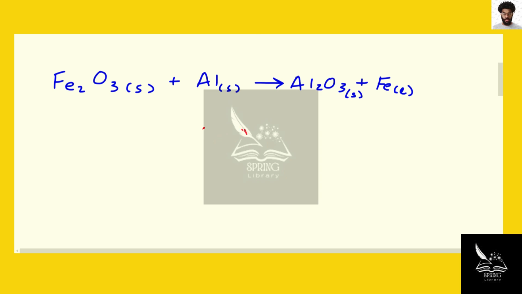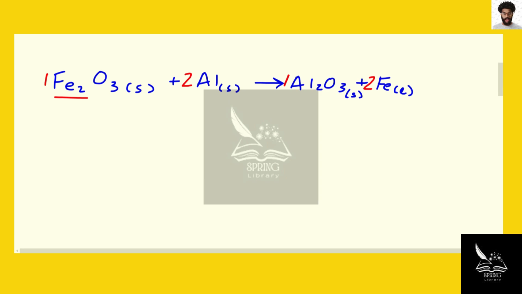So let's start. We have 2 irons on this side, we need 2 irons on this side. We have 1 aluminum on this side, we have 2 aluminums over here. Now that all the other metals are balanced, we have 3 oxygens, so we need 1 of our iron oxide and 1 of our aluminum oxide balanced.